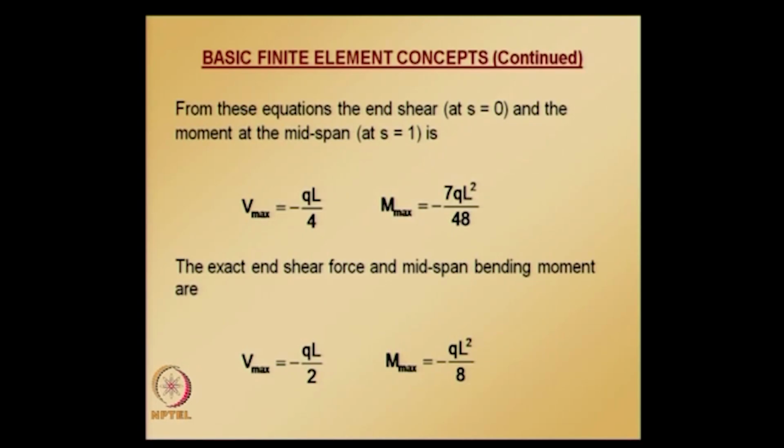But there is a better way of handling the situation to get the exact solution with just one element per span. The main idea in this approach is to treat the problem as a superposition of two separate problems. So, we will see what that superposition method is.